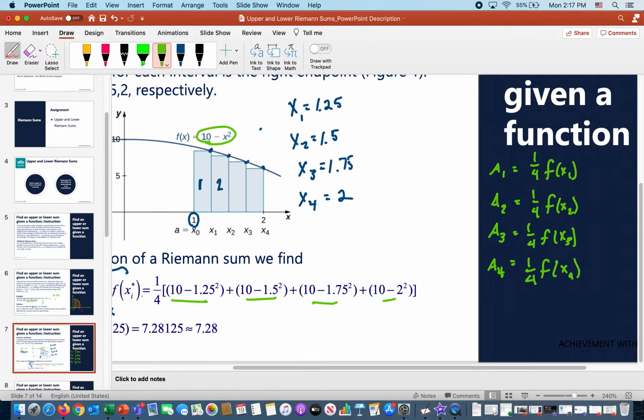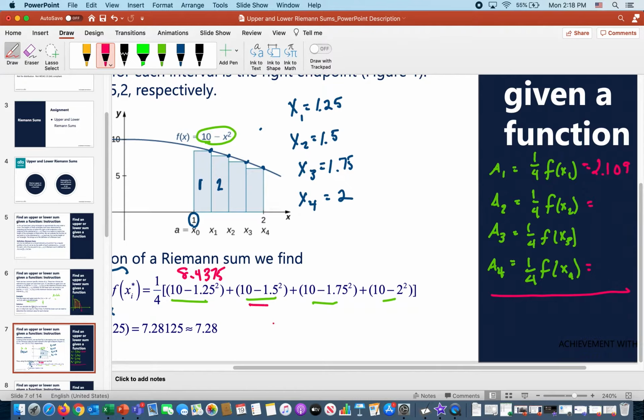Now, what the PowerPoint has done is it's said, okay, this first height is 8.4375. If you wanted to do this problem like this, where you're finding each area and just adding them together, we would take that value and multiply by 0.25. So my first area turns out to be 2.109.